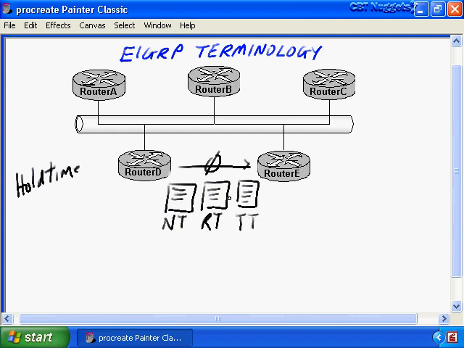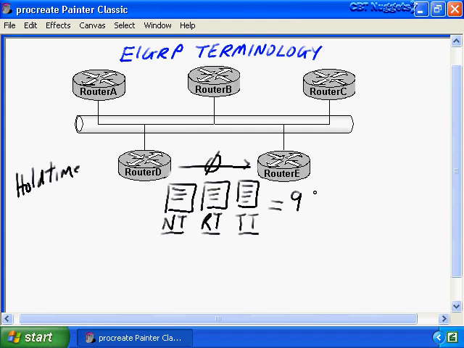So we've got 3 types of tables in EIGRP: a neighbor table, a routing table, and a topology table, one of those for each routed protocol. Therefore, if we were running IPX, IP, and AppleTalk, each router would store 9 different data structures or tables. And again, that's a lot of overhead, but keep that in mind.